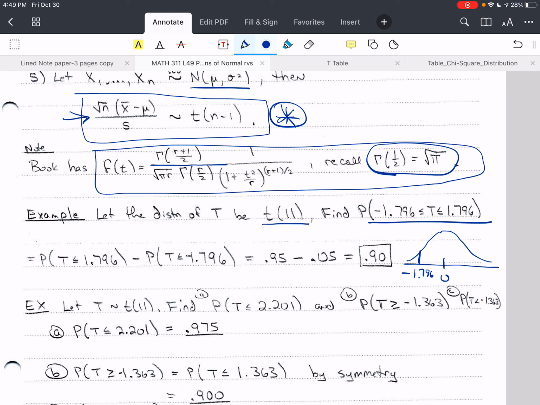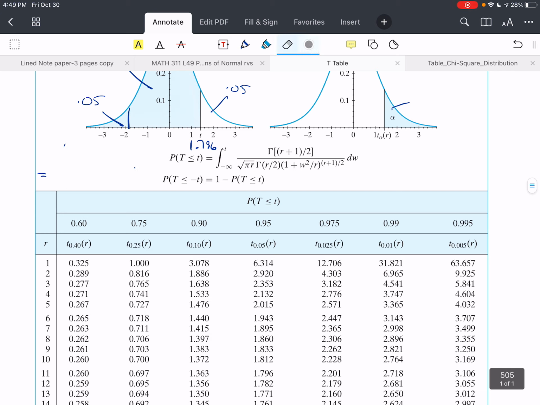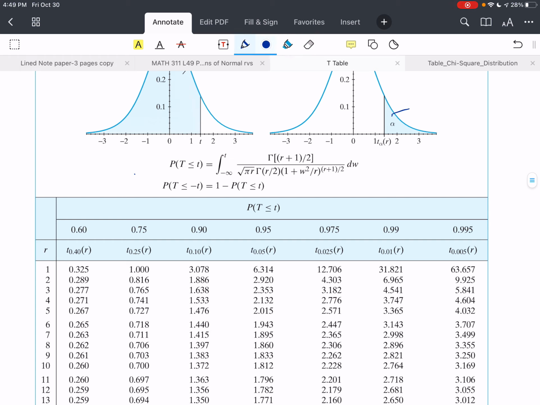And so the t-table only has the positive values here. Let me clean this up a little bit. And so we have 11 degrees of freedom. And we said we want the probability between negative and positive 1.796. And we see that the probability that T is less than 1.796 is 0.95.